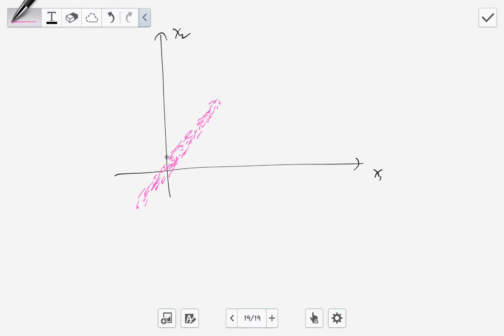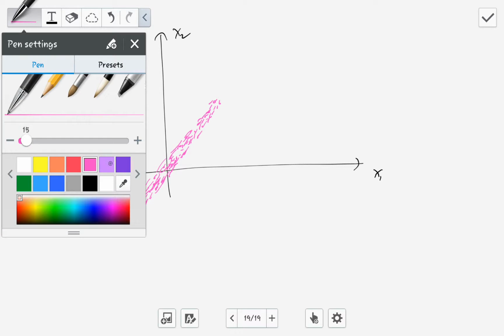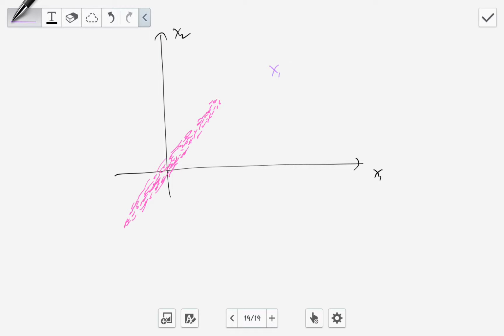What do I see for this data? I see that the data mostly lies in the region x1 greater than 0 and x2 greater than 0, as well as x1 less than 0 and x2 less than 0.